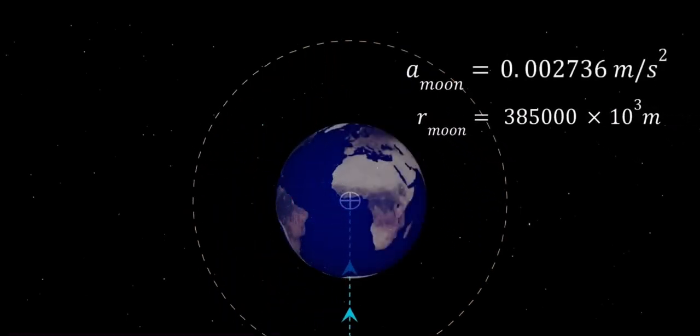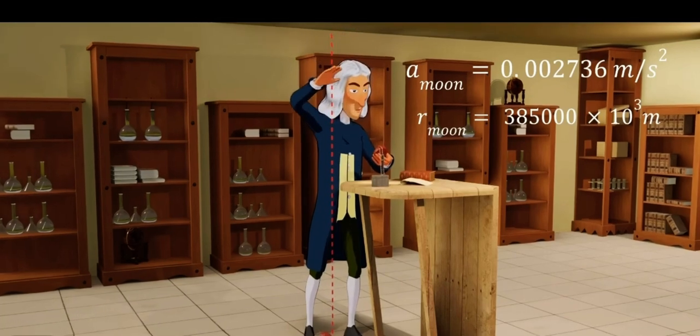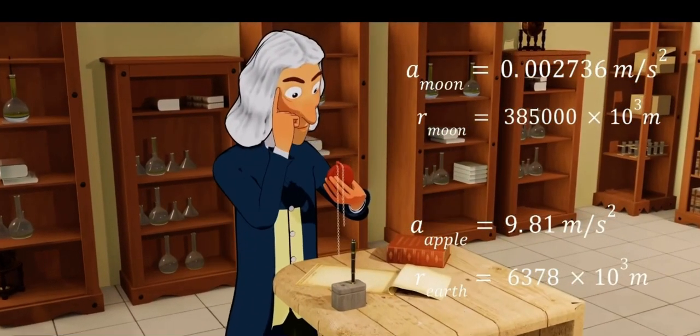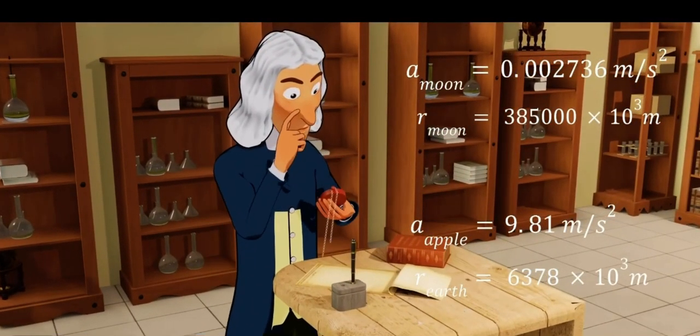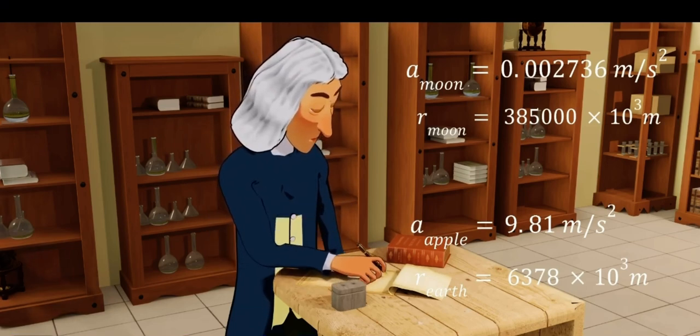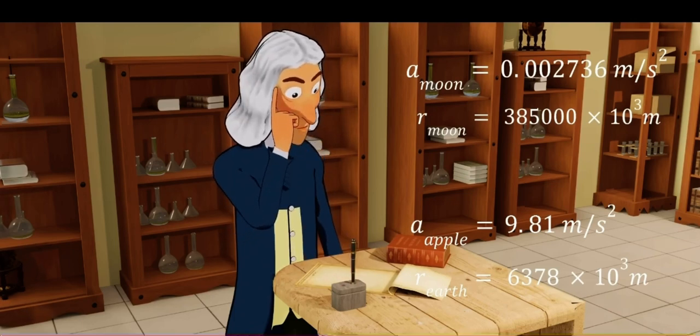The force acting on the apple near to the Earth's surface can be easily calculated by measuring the apple's acceleration. The value of this acceleration is 9.81 meter per second squared. Newton compared these two acceleration values with the distances from the center of Earth. Can you spot any connection between these four numbers? If so, congratulations!